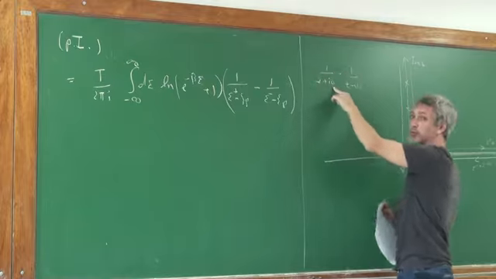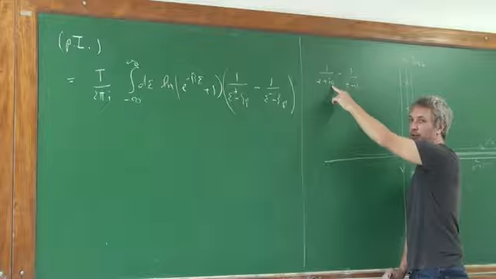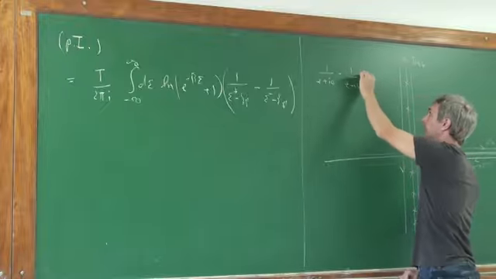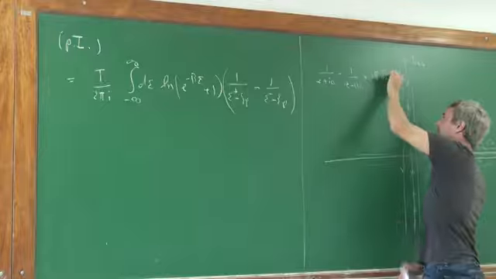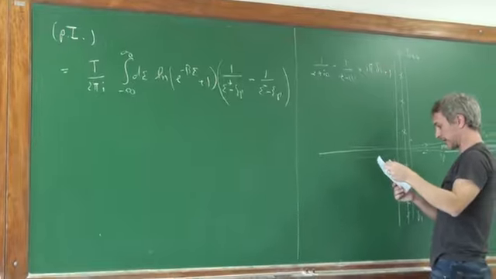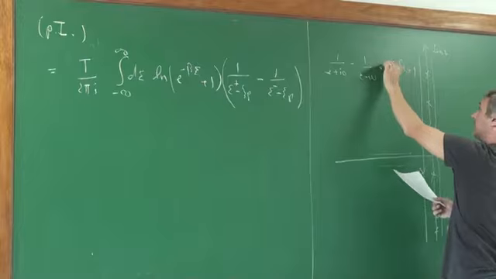And in the limit where this 0 goes to 0, this is just giving you a delta function. So this gives you i pi delta of z, probably with a minus, minus pi delta z.